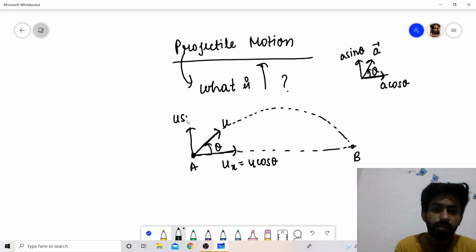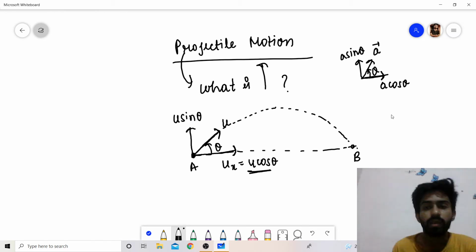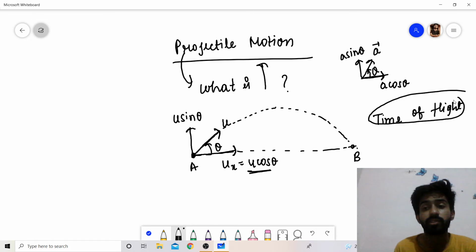If this ball goes from A and reaches the point B, the total time taken by this ball is called time of flight. So the total time of journey of this projectile motion of this ball is called time of flight, and the horizontal distance that this ball covers is called the range.